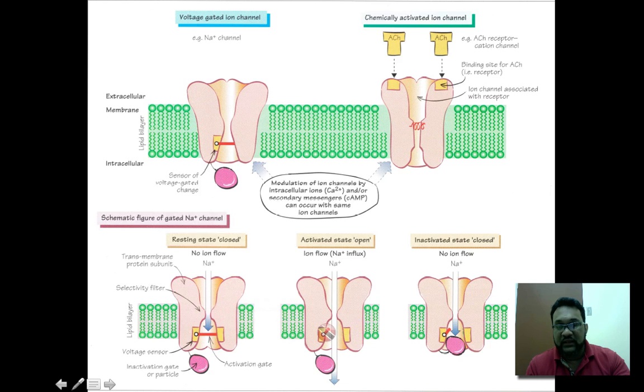So the activation gate opens quicker than the inactivation gate has time to move into the pore. There will be a point in time where sodium ions can pass through because the inactivation gate hasn't reached over as yet to block the pore. So we say there's a difference in kinetics, a difference in the rate at which these gates move, with the activation gate moving faster. It opens faster than the inactivation gate can move over to block the pore.